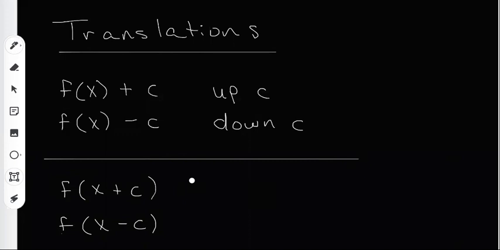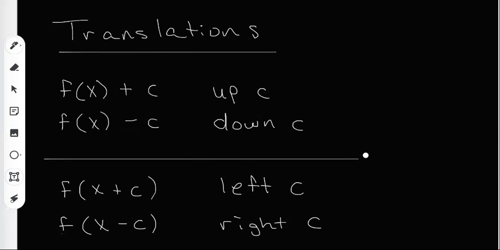So you could add on the inside or subtract on the inside. Now, if you're adding on the inside, you're going to move left by c. And then if you're subtracting on the inside, that's going to be going to the right c. So that is up, down, left, and right.